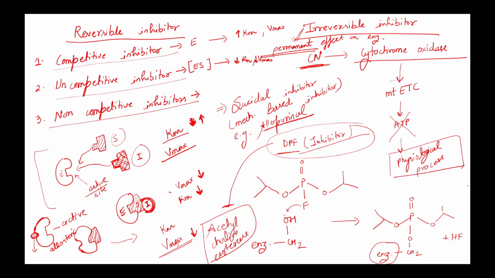A non-competitive inhibitor can bind to the free enzyme as well as the enzyme-substrate complex, and as it is binding to the allosteric site, it does not affect the Km, but it definitely decreases the Vmax of the reaction.